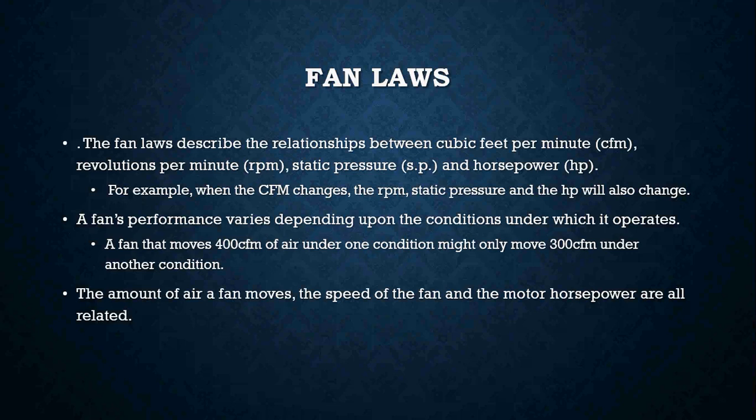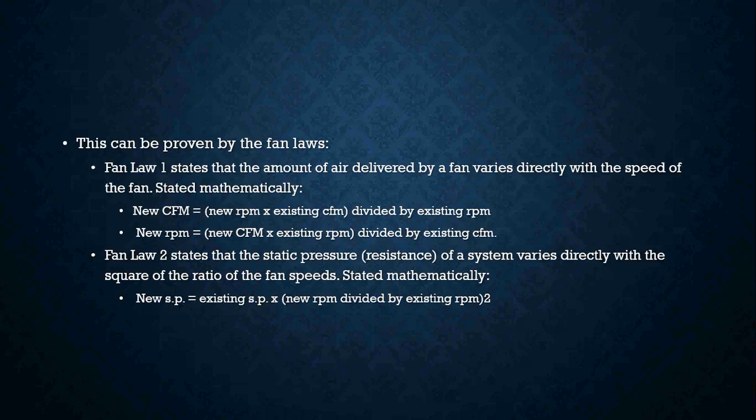But if I put that very same blower in a different unit that has a different type of configuration in ductwork, it may not be moving 400 CFMs. It might move 300. The amount of air a fan moves, the speed of the fan, and the motor horsepower are all directly related to each other. This can be proven by our fan laws.